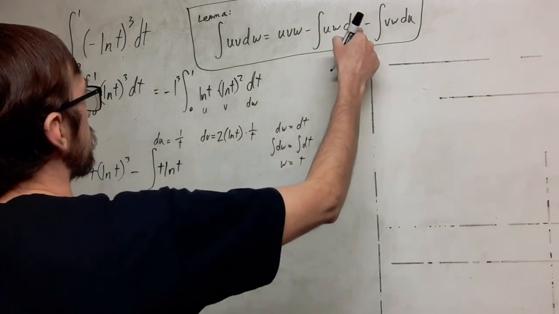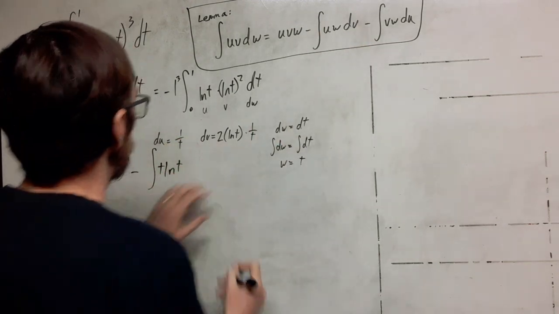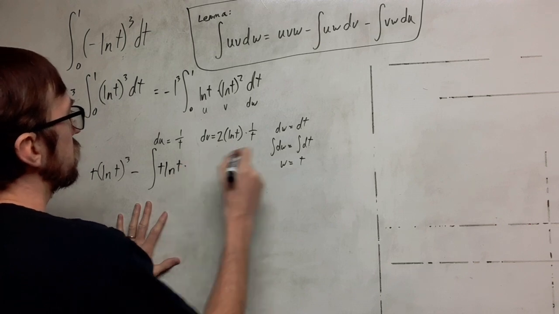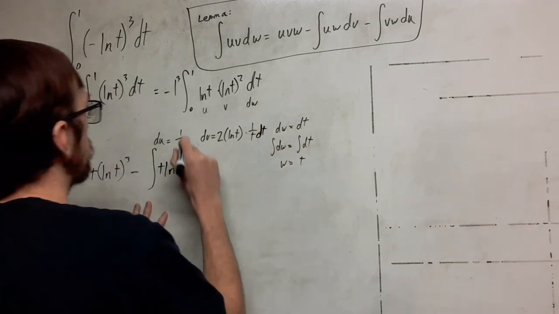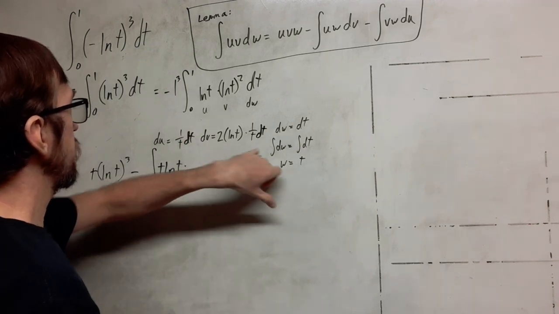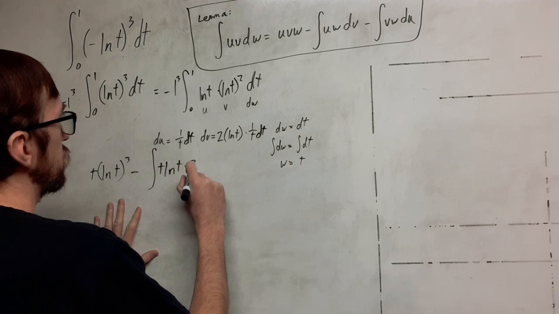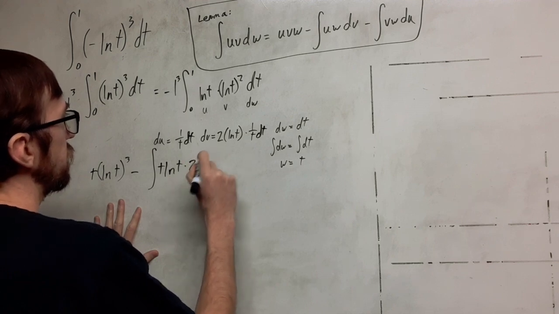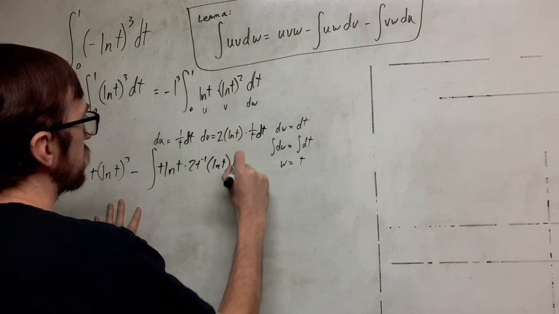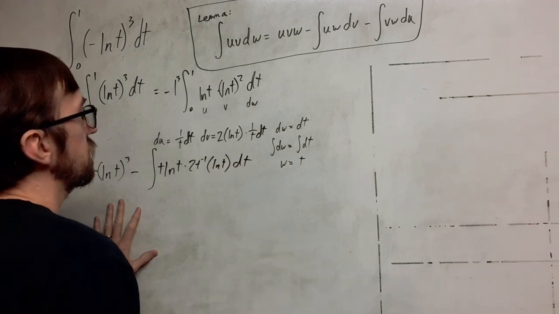And we want dV, which is this. I forgot my differentials. So we have 2t inverse log t dt. And then I'm going to subtract.